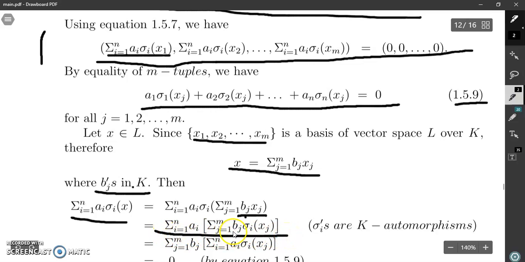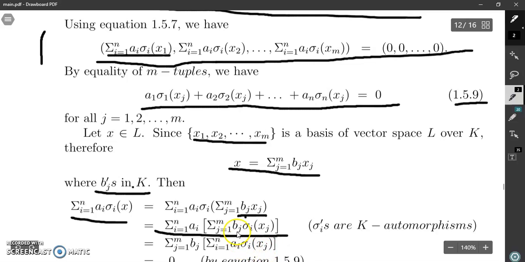So note that here we apply sigma i on both terms, but since sigma i is a K-automorphism, it can be expressed as this. Now since the summation is finite, we can interchange the summation notation. So it may be written as summation bj into summation ai sigma i xj.